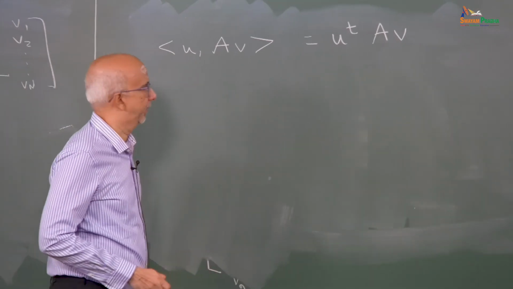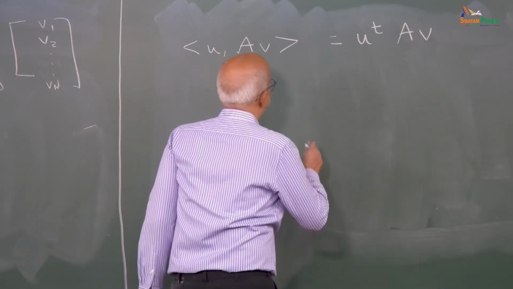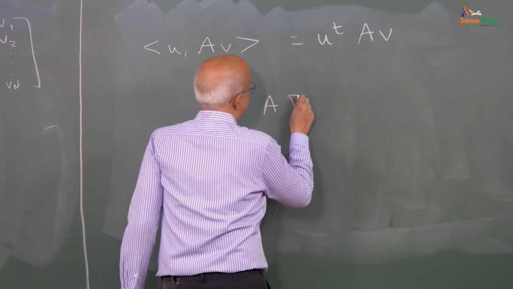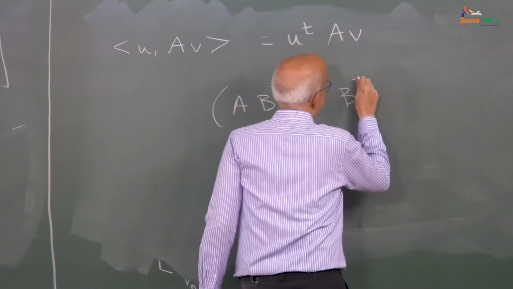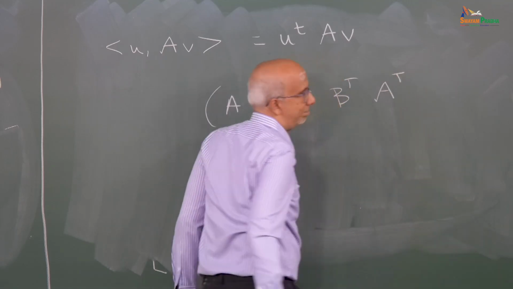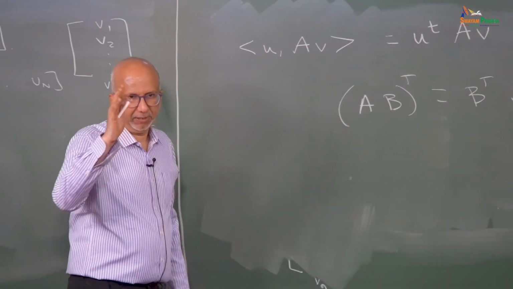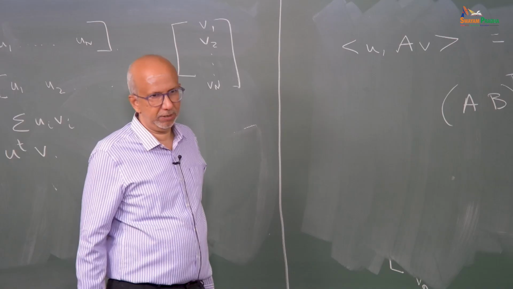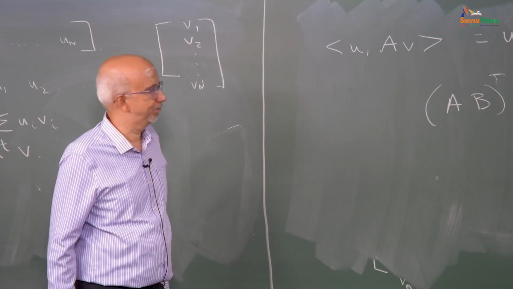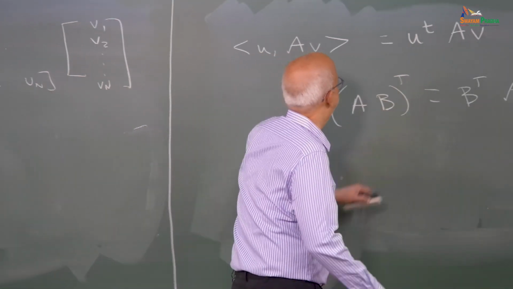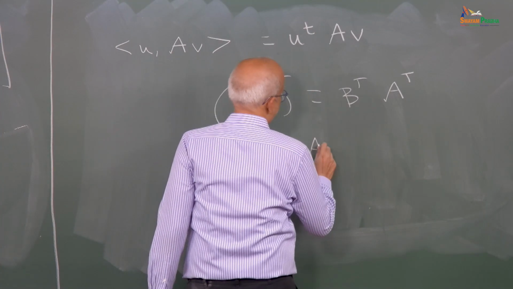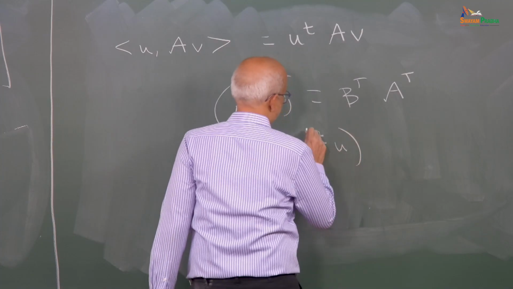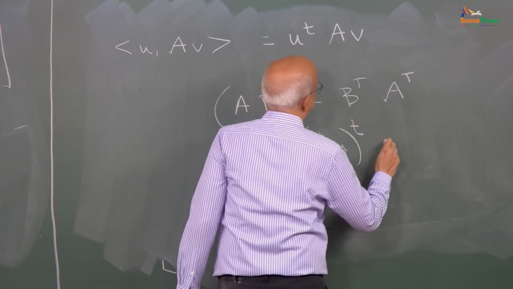And you know that (AB) transpose is B transpose A transpose, something you are expected to know. So, what can I do here? I can write this right hand side as (A transpose u) transpose v.